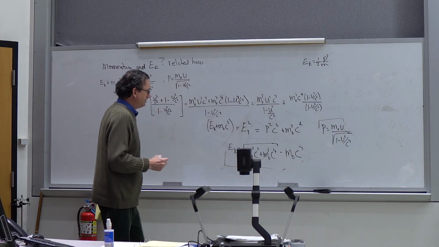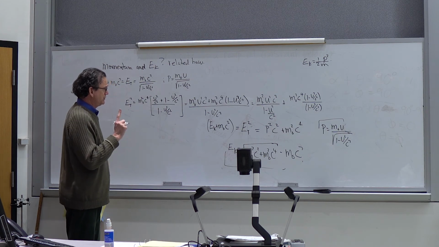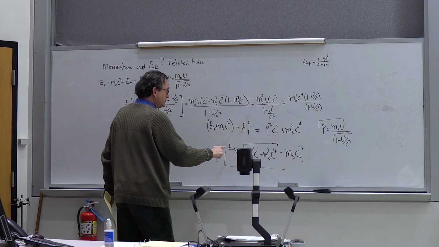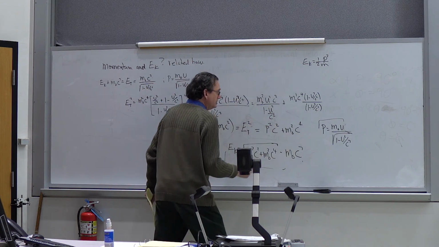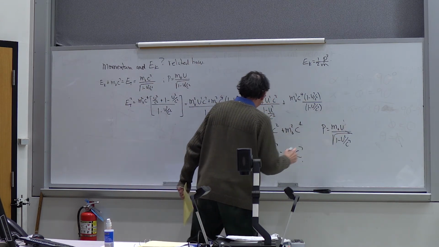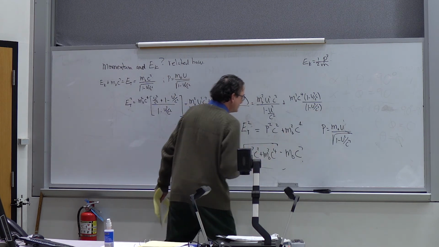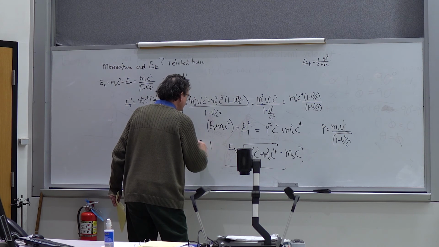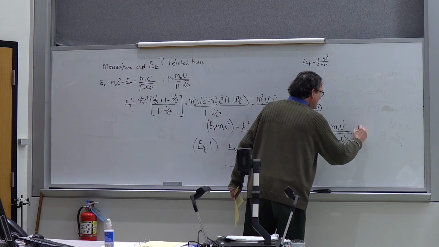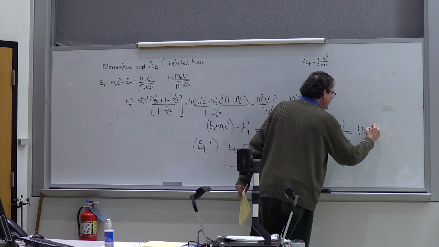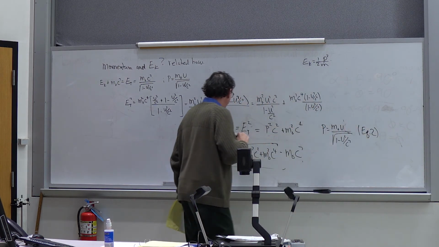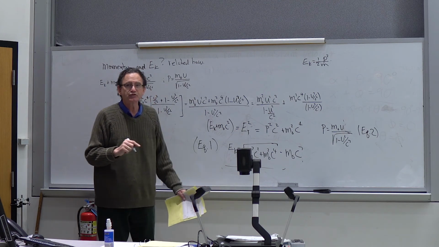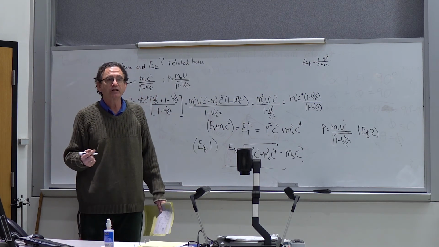These two equations replace what we had before. So this is equation 1, and this is equation 2. These are the new equations for energy and momentum, and they now allow us to do whatever calculations we want.